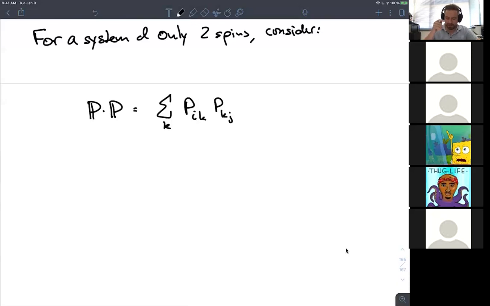Now what we want to do is take the trace of this thing. The trace is where you take the first index and the second index and make them the same, and then you sum over all possible values.